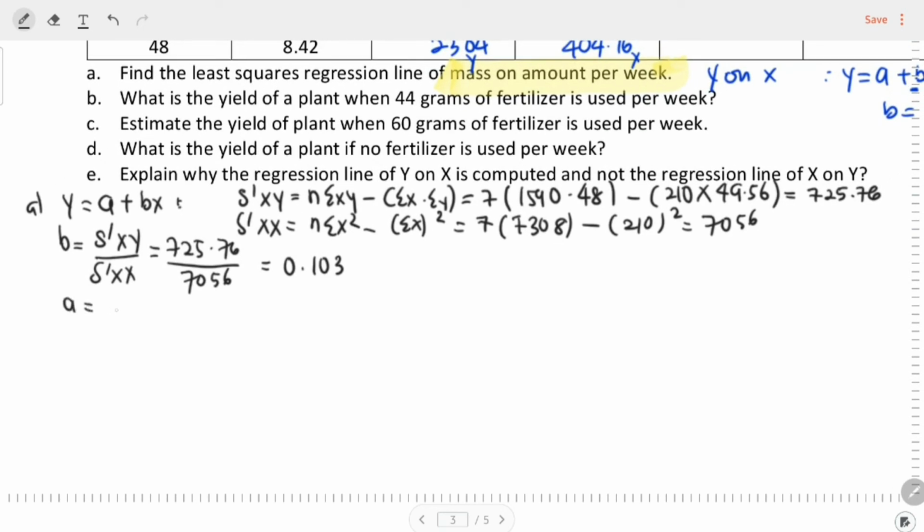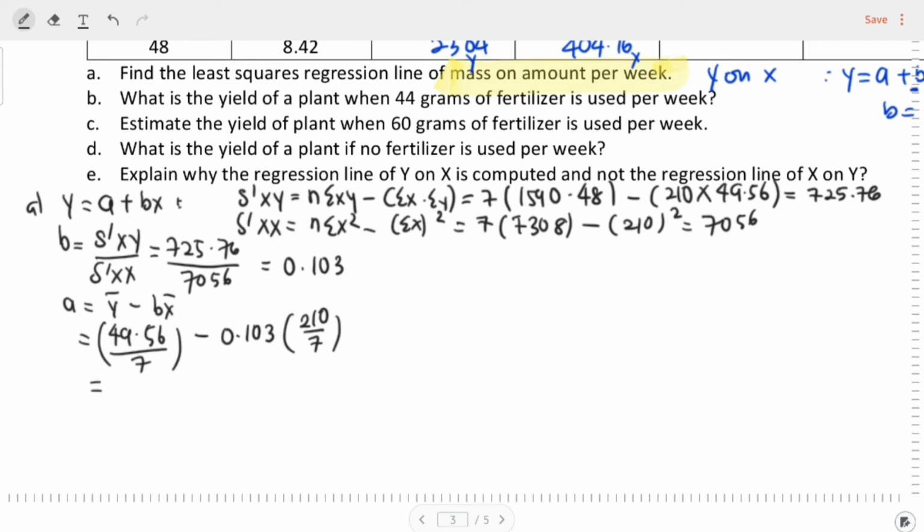Next we're going to find our a. So a equals mean y minus b times mean x. Your mean y is simply the sum of your y, which is 49.56, divided by 7, the number of samples, minus your b, 0.103, and then your mean x, which is the sum of your x divided by the number of samples.